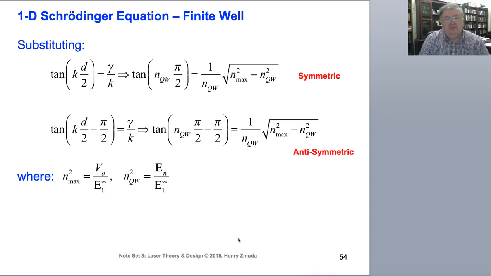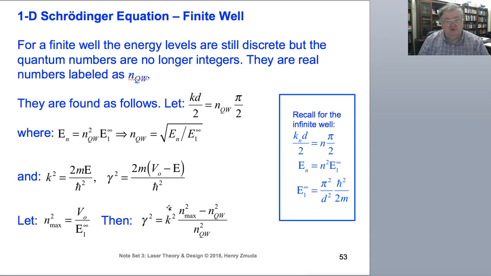So with that in mind, for the symmetric case, I could take my characteristic equation, my eigenvalue equation, and remember, I said I'm going to write k d over 2 as n quantum well pi over 2, very similar to what we saw for the infinite well case. I have gamma, which I just showed you how to write by defining this term, which I'm simply calling n max.